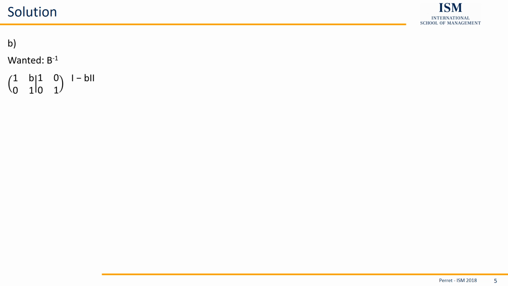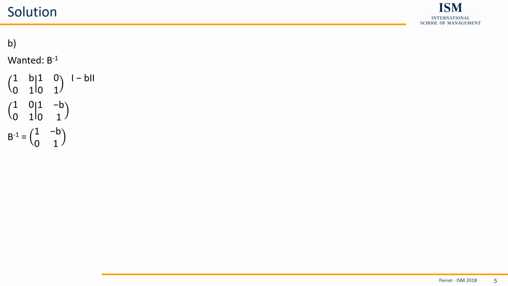That's allowed due to the Gauss algorithm. If we do this, it results in the following step. Here we see as well, on the left side, we already have the unit matrix. So what we have on the right side must be our inverse of B. So our inverse matrix of B is 1, minus b, 0, 1.